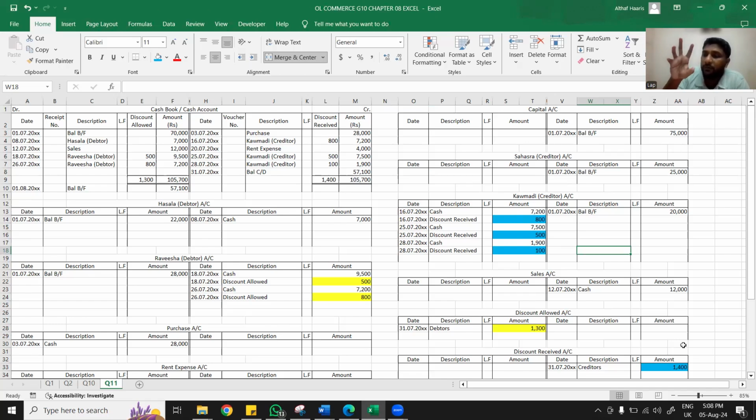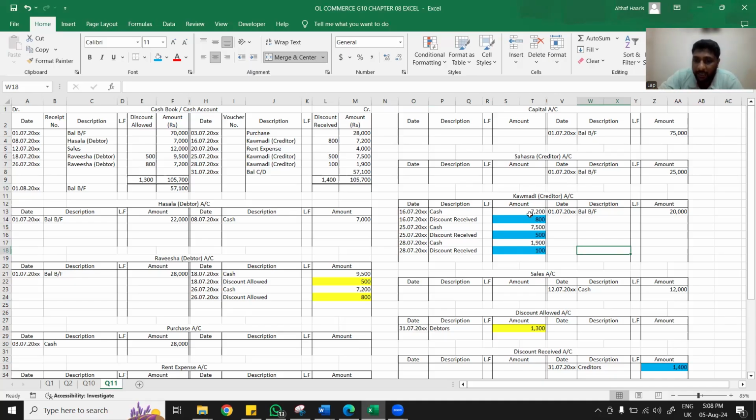Total discount allowed, debit to the discount allowed account, and check whether that amount is credited to the individual accounts. Total discount received, credit to the discount received account, and check those individual amounts, whether they are debited to the relevant accounts, whether it is tallying.